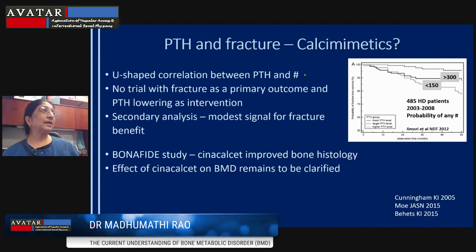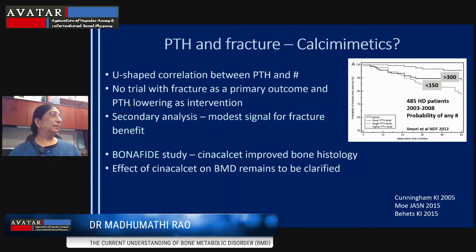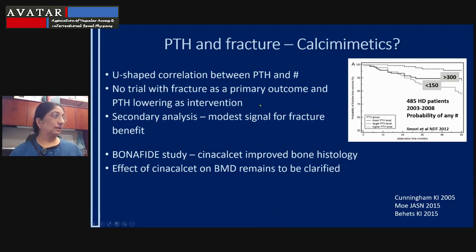So, either very high PTH or very low PTH can be associated with fractures. We have no randomized controlled trials with fracture as a primary outcome and PTH lowering as an intervention. So there is a paucity of data out there. Most of our signals come from secondary analyses of other trials, such as the EVOLVE trial, and these have shown just a modest signal for fracture benefit when we use calcimimetics.